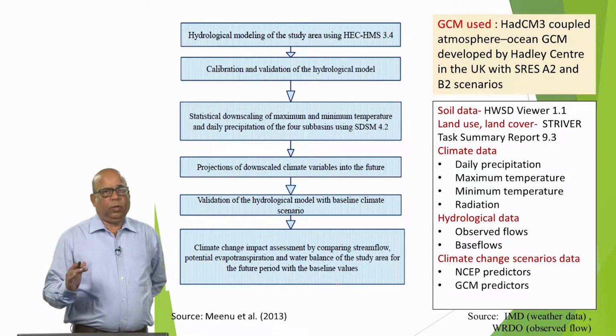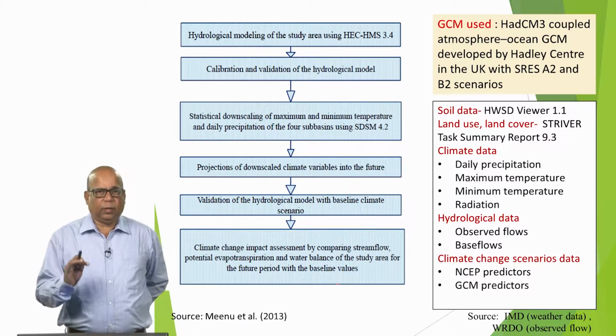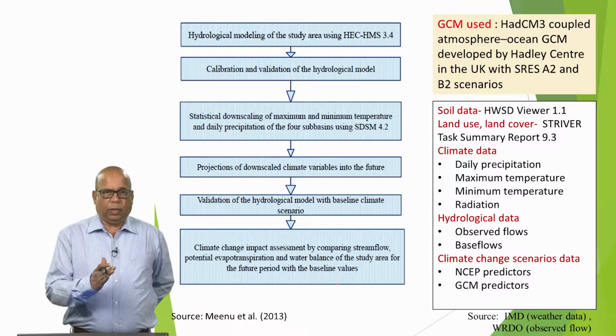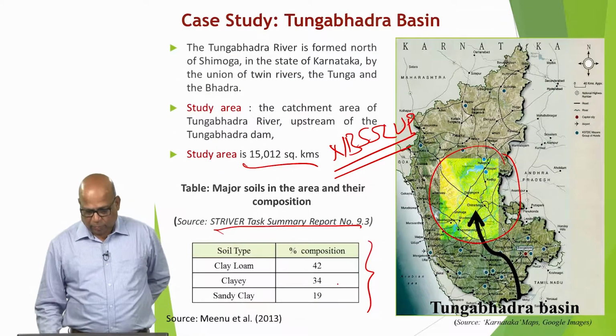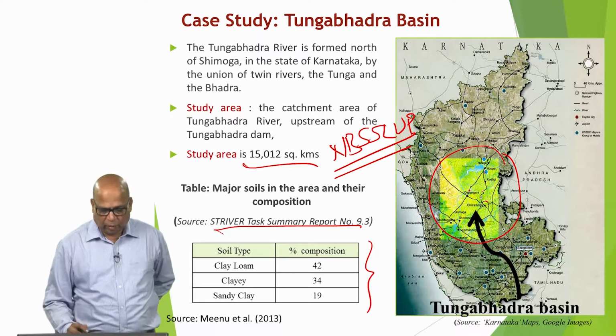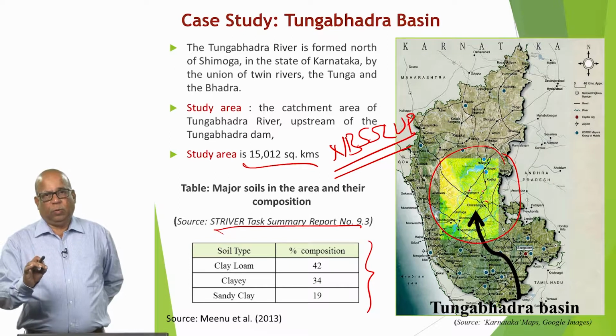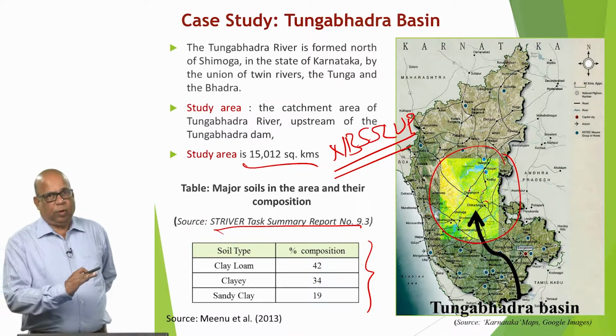So, what we then do is, first we set up the hydrologic model for that particular river basin. When I say set up, we use the historical data. Let us say that this is your basin and you have observed stream flow at several locations. We use the observed stream flow to calibrate the model.